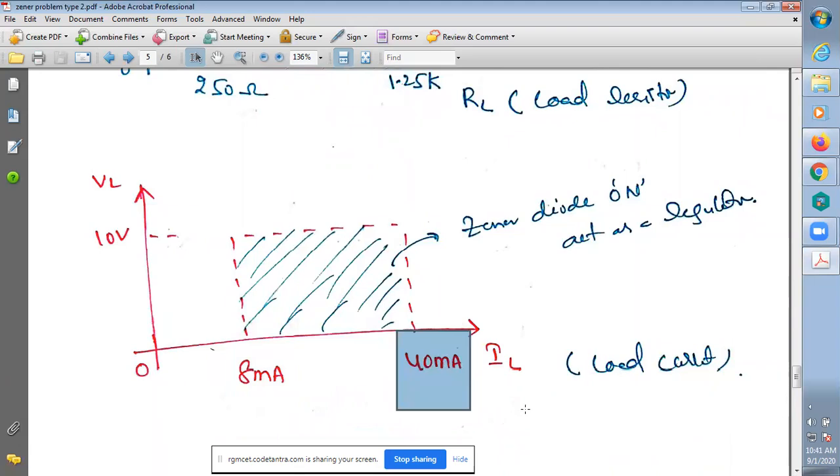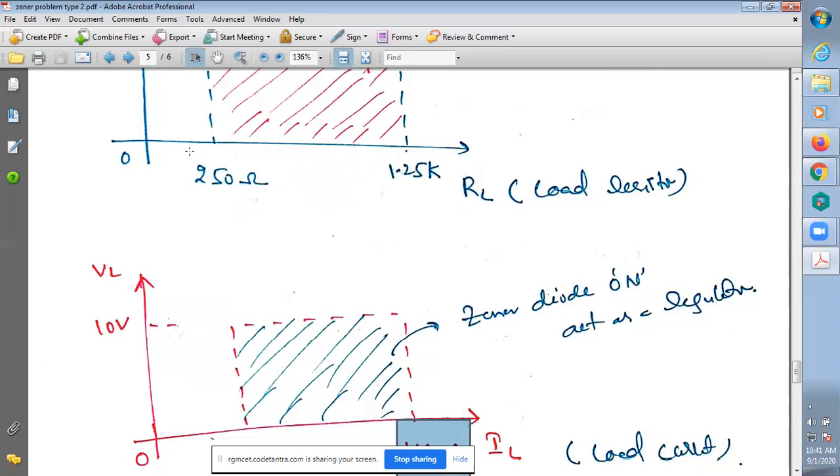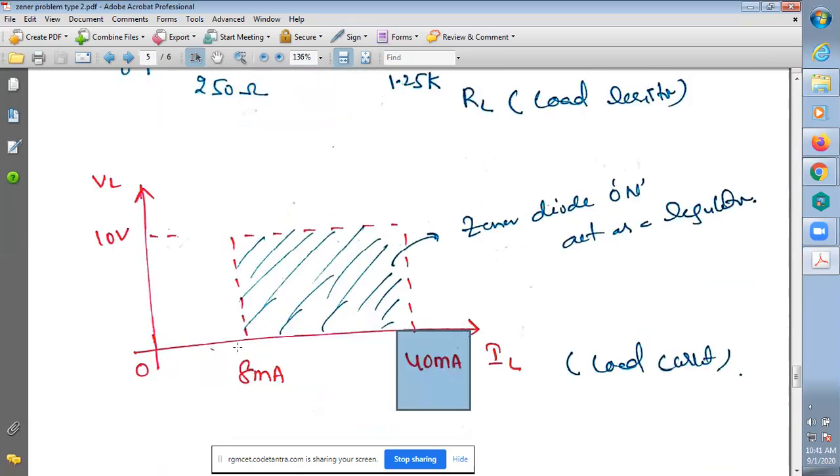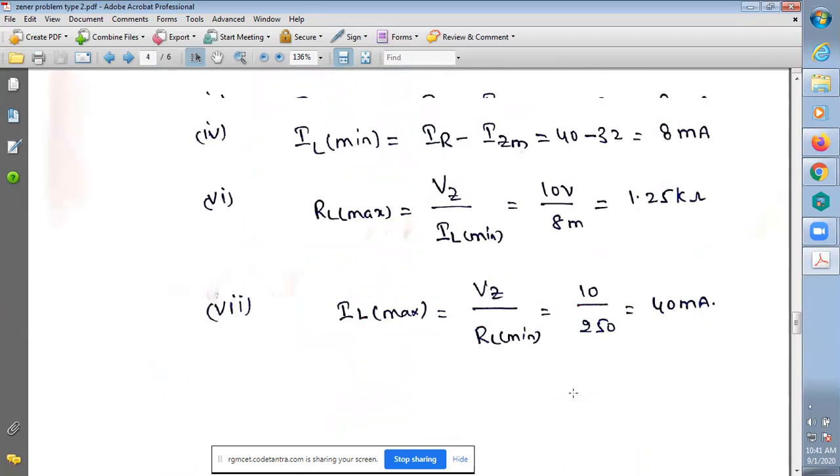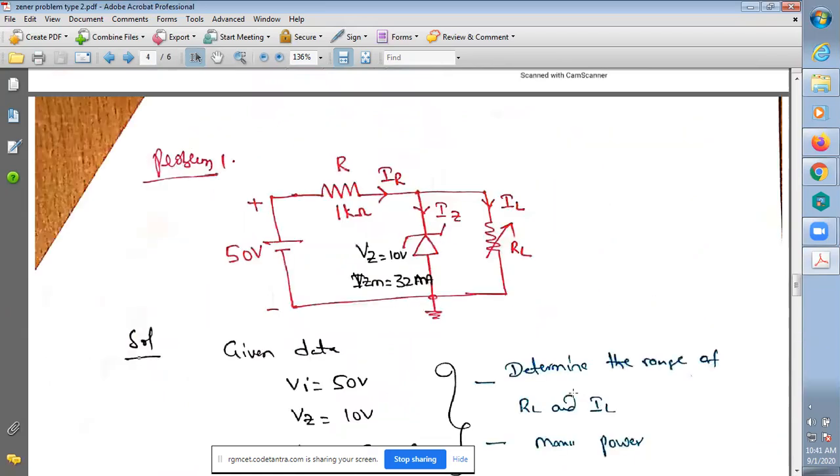Four possibilities are there: minimum load resistance value, maximum load resistance value, minimum load current value, maximum load current value, right? This is about type 2 Zener diode problems.